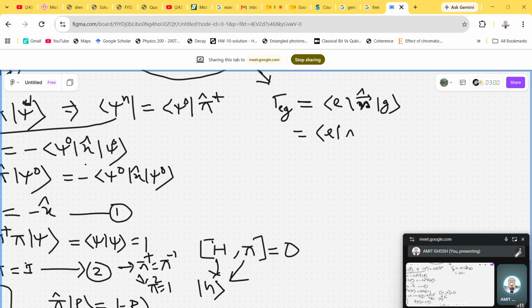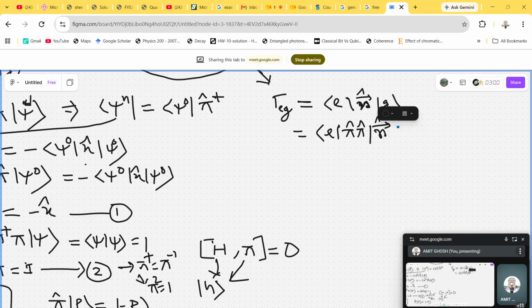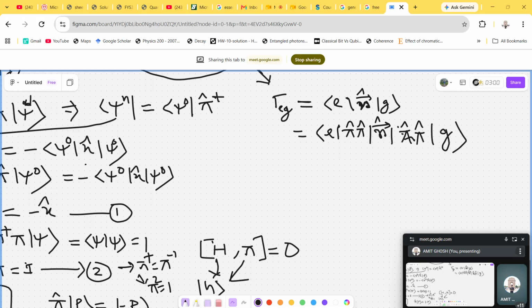So here you put Π̂ and Π̂, and next R is here. Here also you put another Π̂ into Π̂, and |G⟩ is here.